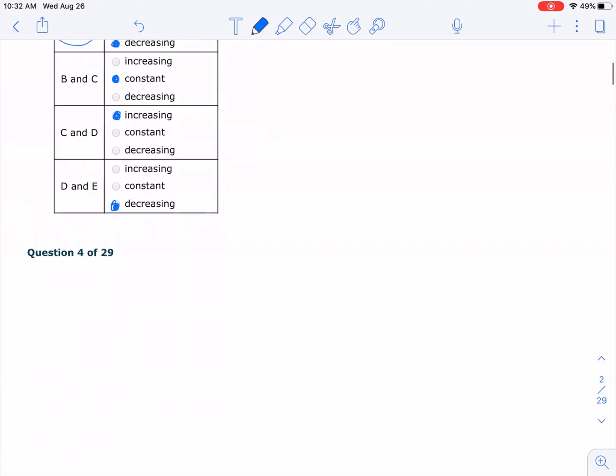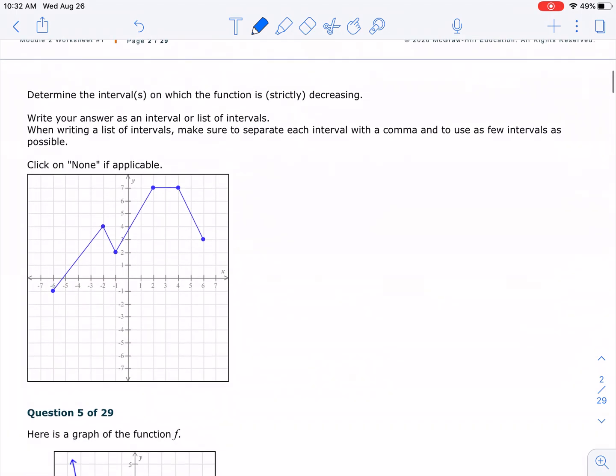All right, so let's take a look at number 4. We want to determine the interval on which the function is strictly decreasing. So you see right here, from here to here is increasing, and from here to here, this part is decreasing. This part is decreasing too. So we have two different intervals.